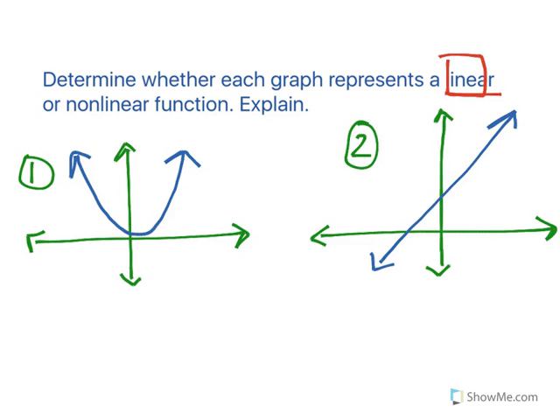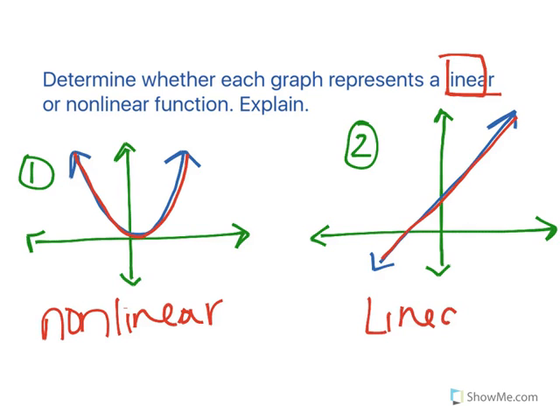Here, number 1, this one's totally curving. There's not a straight line. It's a curve. So we're going to say it's nonlinear. And oppositely, this is a straight line. There's no curve, so we're going to say it's linear. It's as easy as that. Think of linear, line.